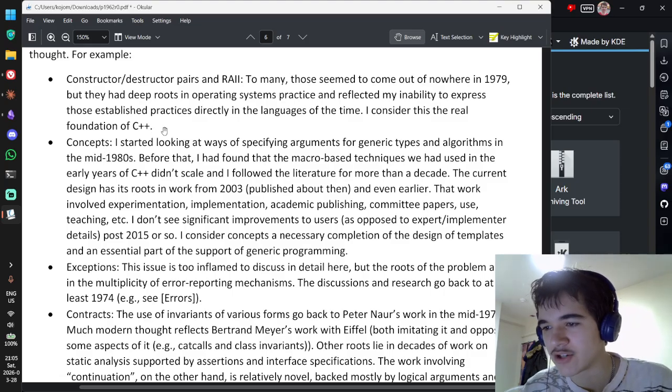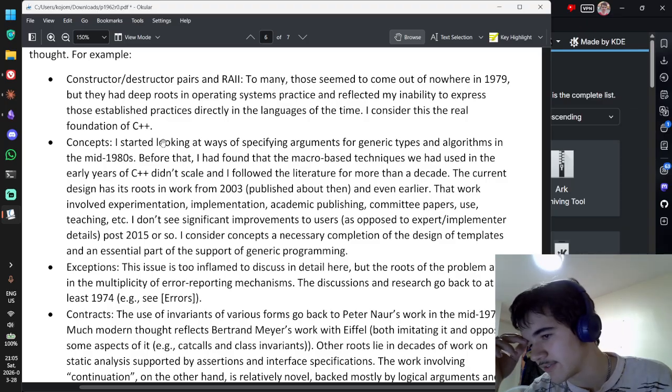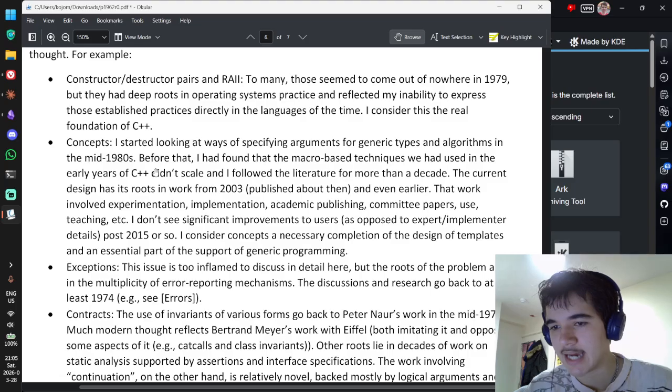"Before that, I had found that the macro-based techniques we had used in the early years of C++ didn't scale, and I followed the literature for more than a decade. The current design has its roots in work from 2003 and even earlier." That's crazy. Again, C++20, that means 2020. Wow.